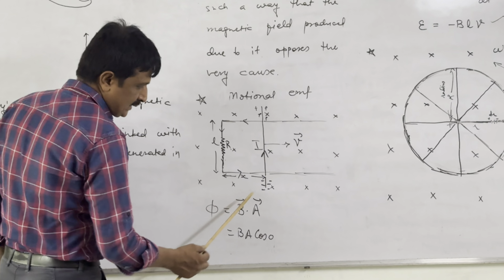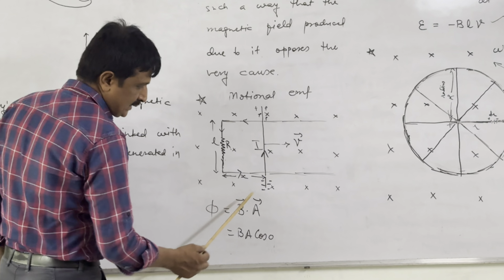We will apply this, but here each and every rod element has different velocity, different speed. So if we consider a spoke element of width dr at a distance of r, a very small length, the EMF generated between these two ends is very small, negligible, say dE, and it is given by minus BLV, but L is replaced by dr, the length of the spoke element.